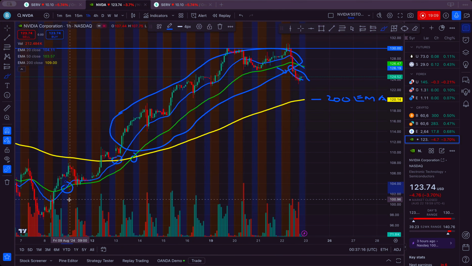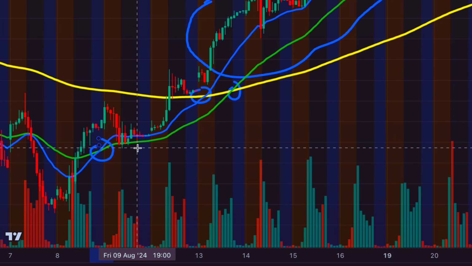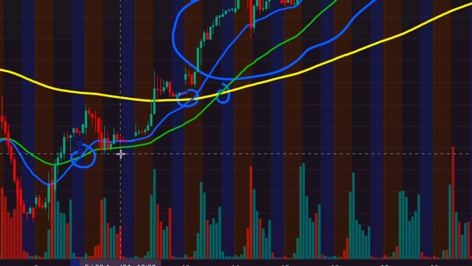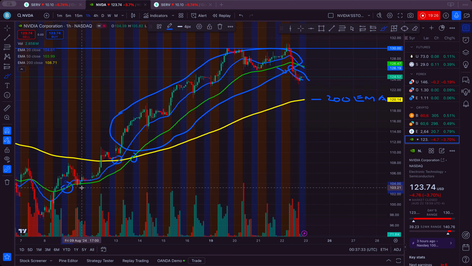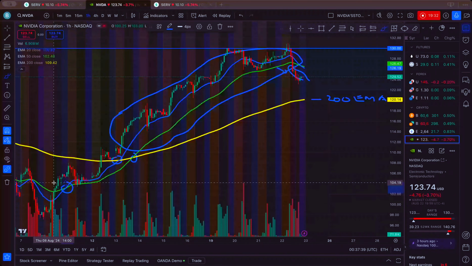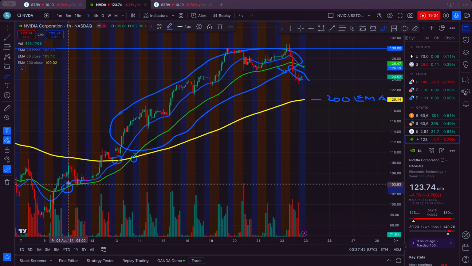When the 20 EMA crosses above the 50 EMA, what does it mean? It's often seen as a bullish signal. And we can see it here clearly. We are in a bullish signal. It was in a bullish signal over here. Okay?